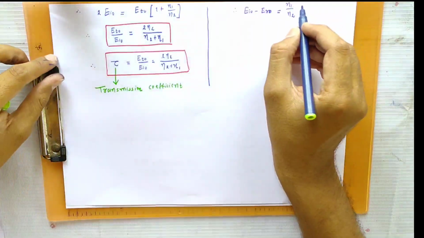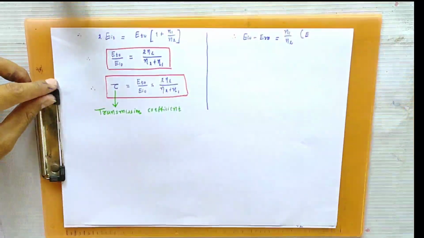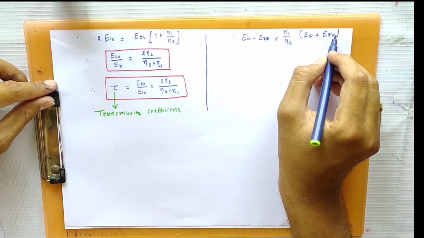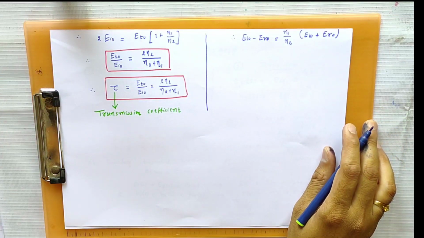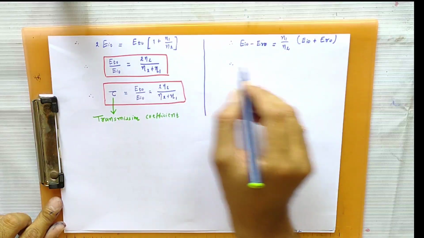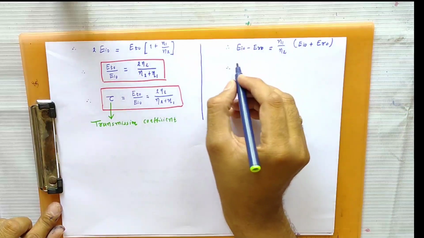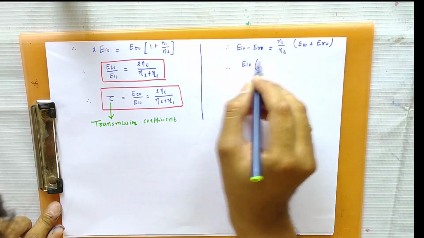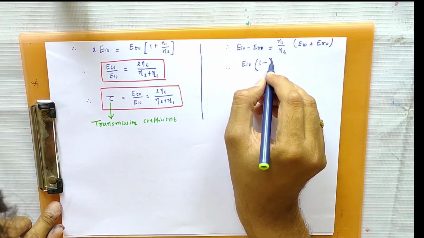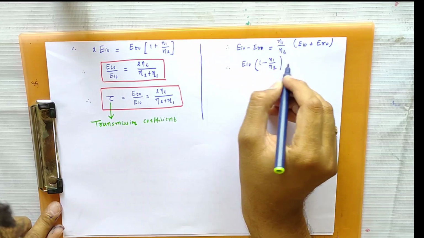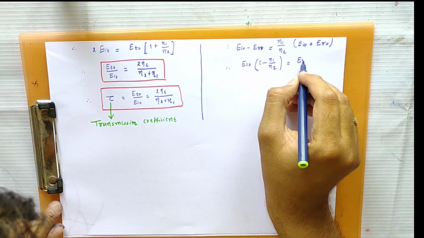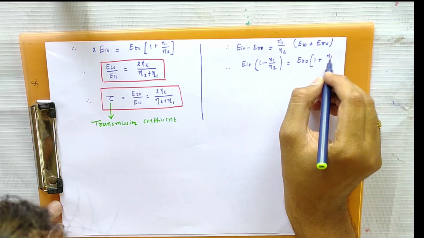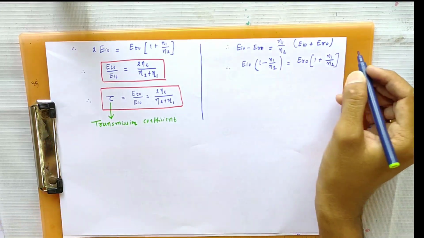So Eio plus Ero, and now do some mathematical calculation. So Eio times (1 minus eta 2) is equal to Ero times (1 plus eta 1 by eta 2).